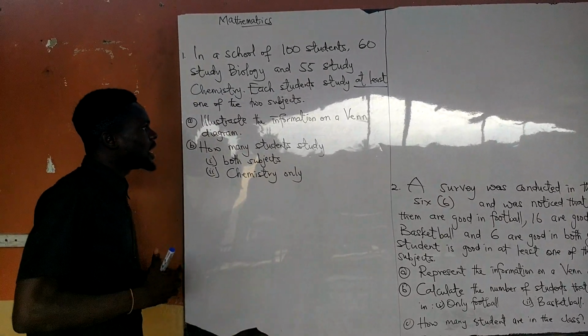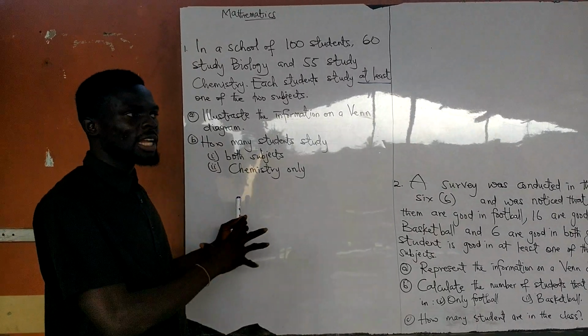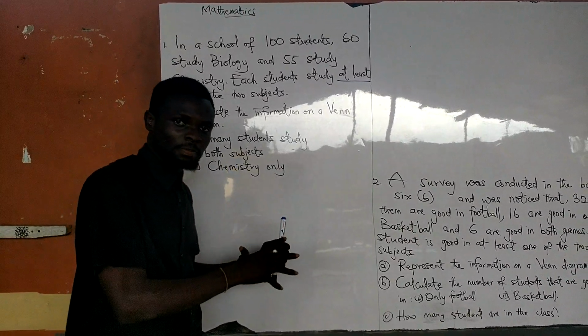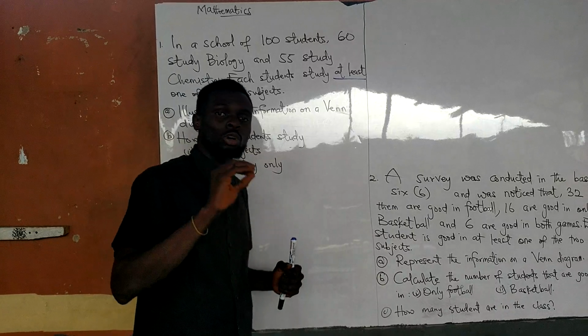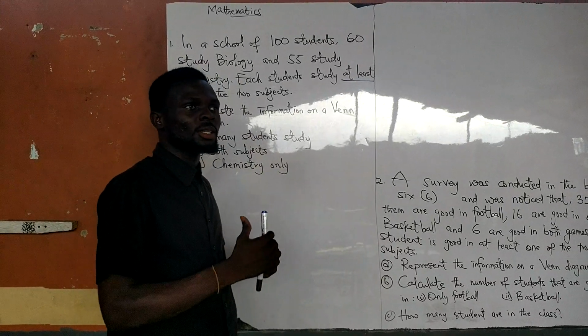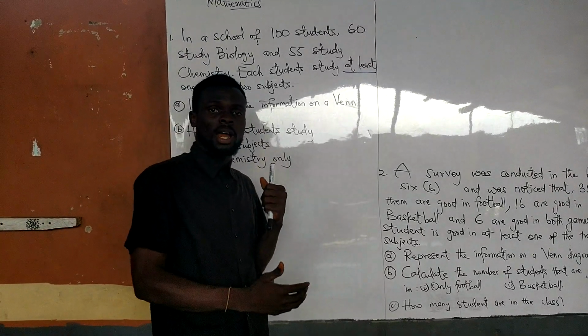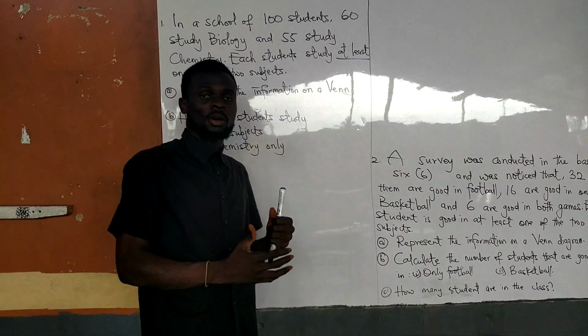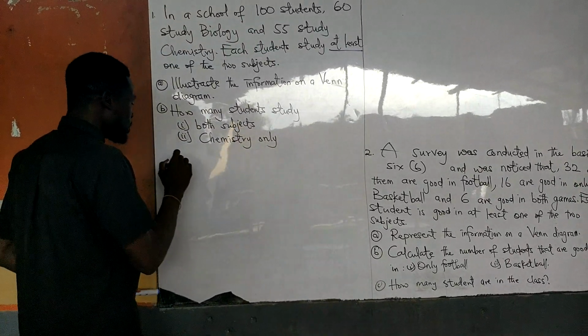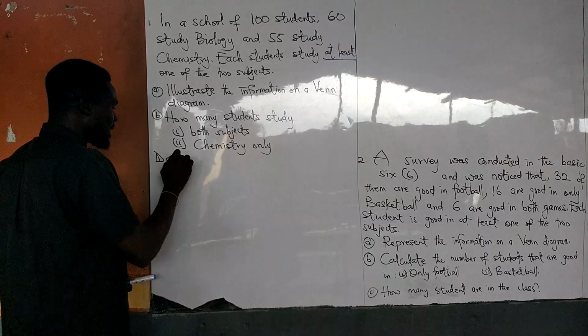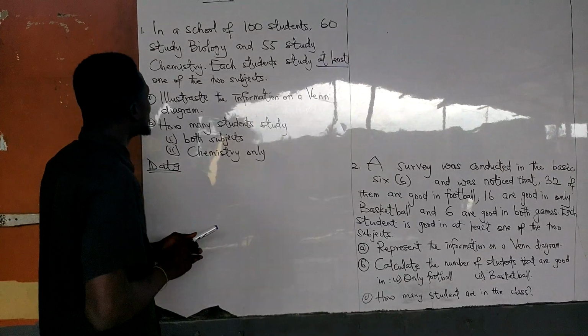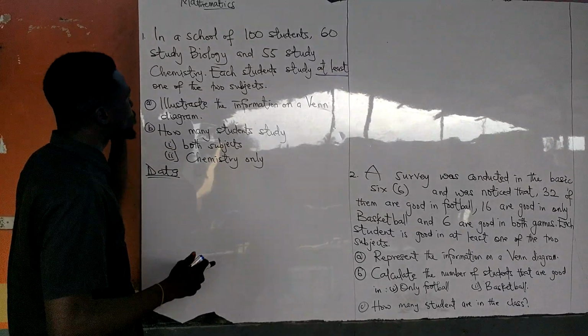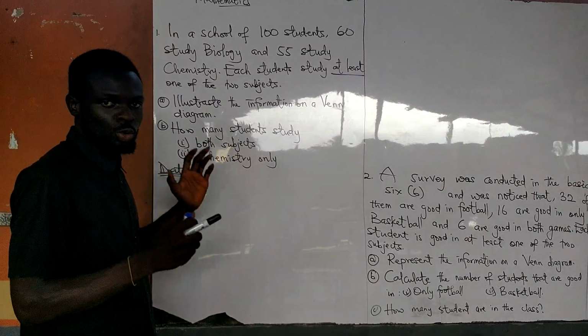So, because we are to illustrate the information on a Venn diagram, we have to define the elements we are going to use on the Venn diagram. So we have here our data. From the question, we have a school of 100 students.